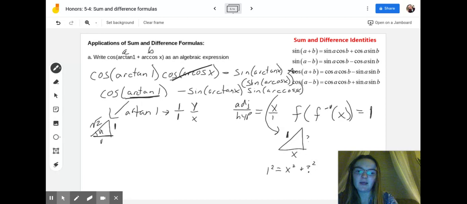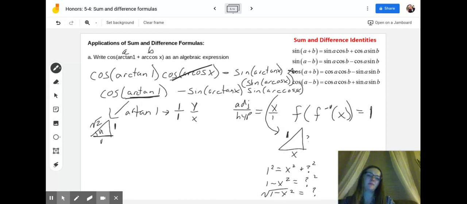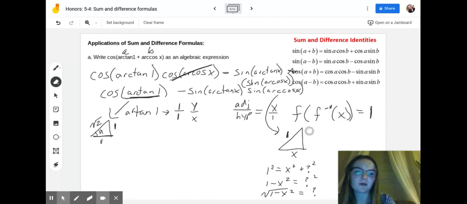Solving, I get 1 minus x squared is equal to question mark squared, and so the square root of 1 minus x squared is the question mark. Note that we don't have to take the plus or minus in this instance because we're dealing with a triangle here. So we're going to say square root of 1 minus x squared here.